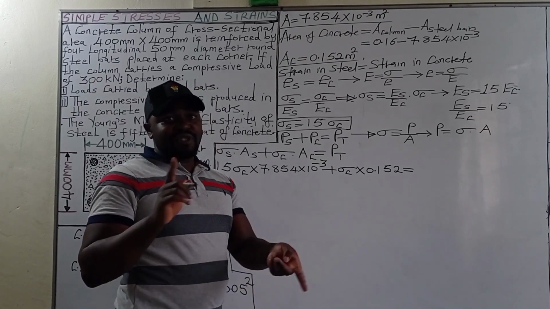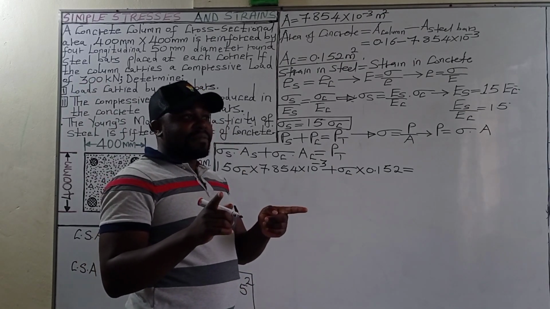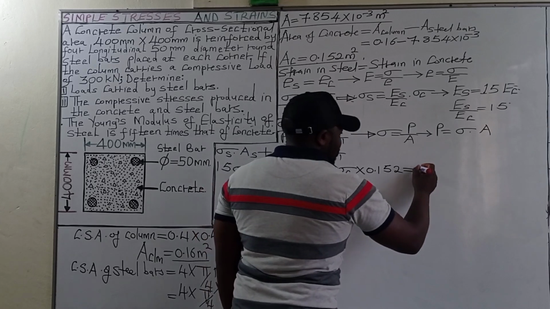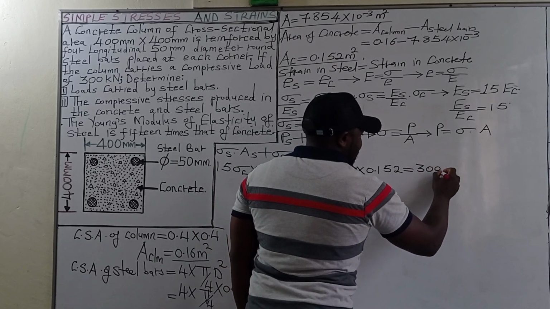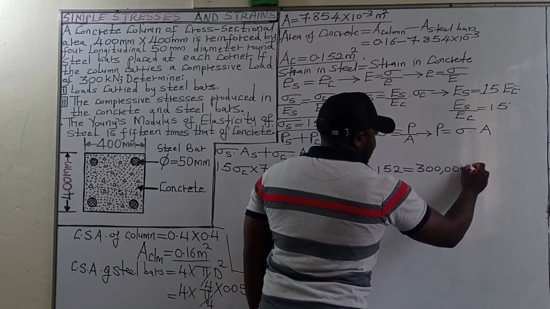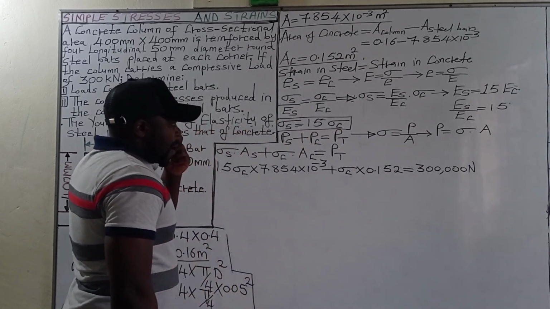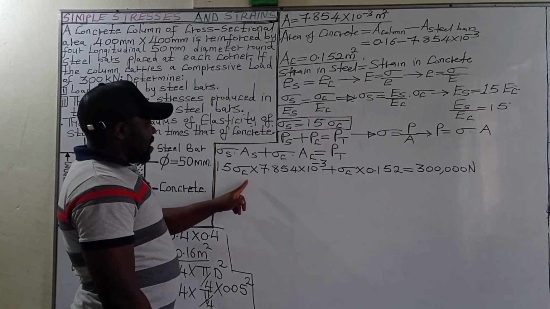We convert it to newtons, that is 300 times 1,000, which is 300,000 newtons.